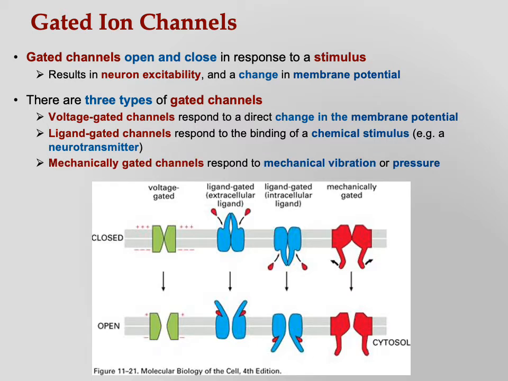There's one other type. Mechanically gated channels respond to actual mechanical pressure. So for the most part, we're only going to be caring about voltage-gated and ligand-gated channels. For the nervous system, that's all we're going to look at. When we get to the senses, I'll just remind you again about mechanically gated channels. So, for example, the pressure receptors in your skin.